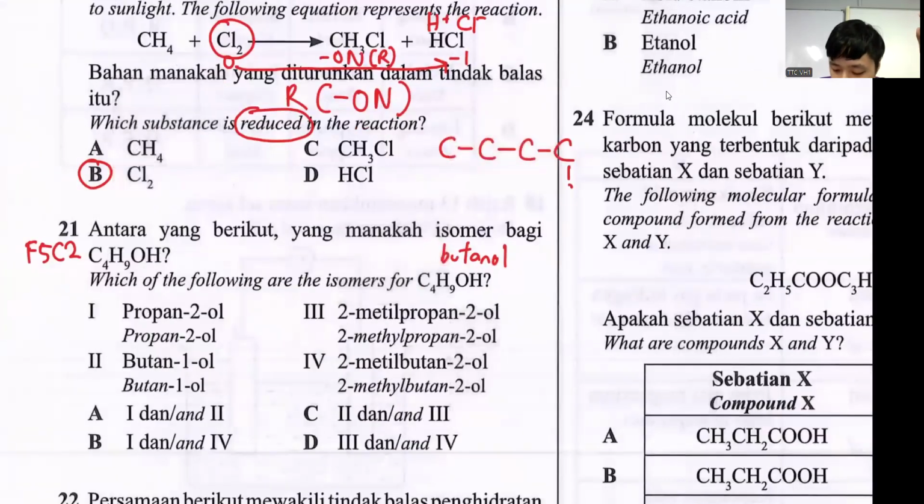Number 1, the OH is at the first carbon. This is called butan-1-ol, which we have here, right? Butan-1-ol. You got, not 3, sorry, you got 4 isomers. Okay, this is the first one.